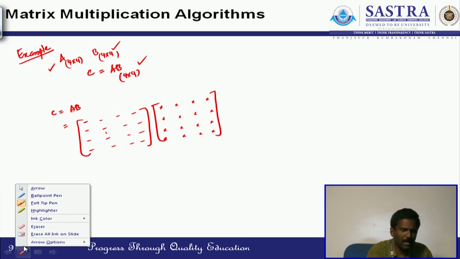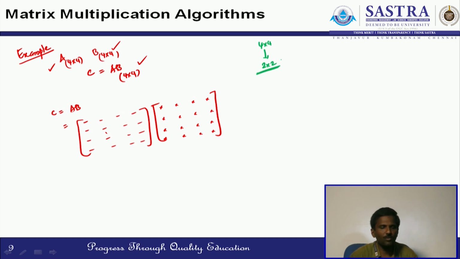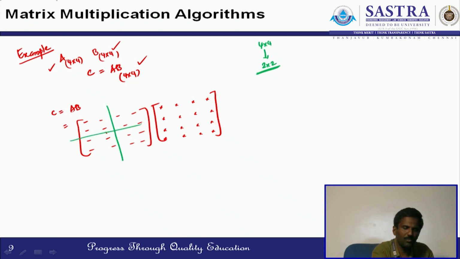Now to apply the divide and conquer logic, since matrix A is 4 by 4, this should be split into 2 by 2 matrices, submatrices of order 2 by 2. So here we are splitting matrix A into 4 submatrices of 2 by 2.